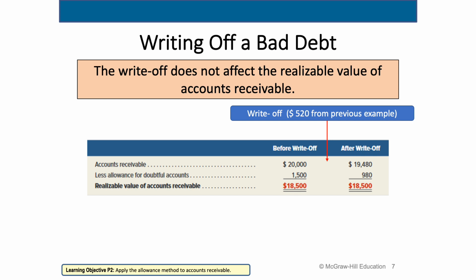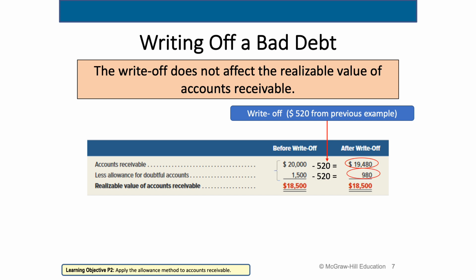So 20,000 minus 520 gives me the accounts receivable after the write-off, 19,480. And again, I'm going to remove 520, which is the amount that I write off, from the allowances, so my allowances for doubtful accounts will be 980.